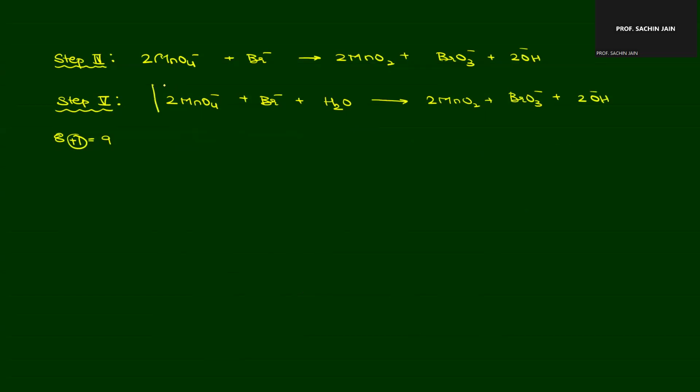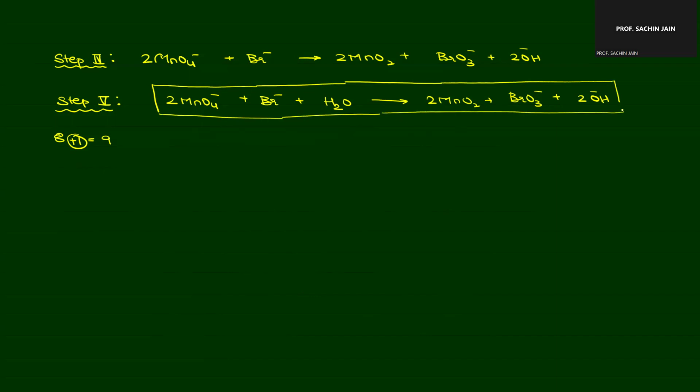That is the balanced redox reaction by the oxidation number method, and the medium of the reaction is basic. Again, this redox reaction is balanced in terms of atoms as well as charges.